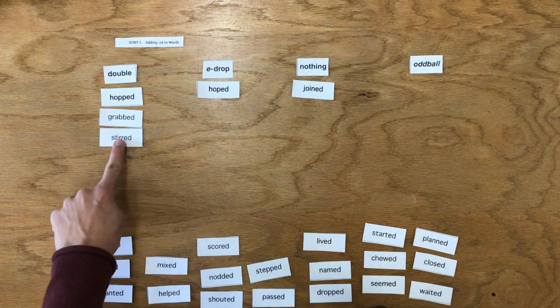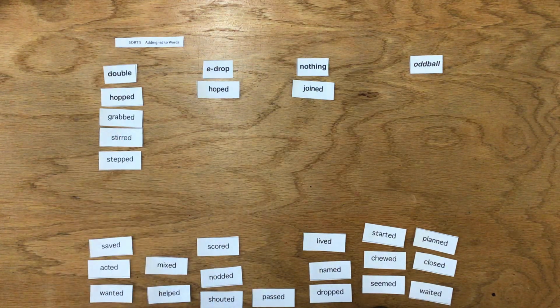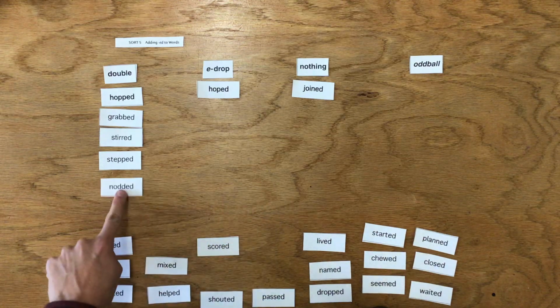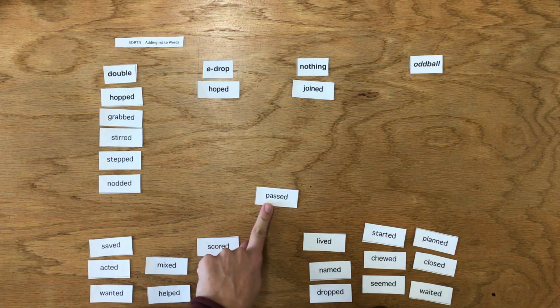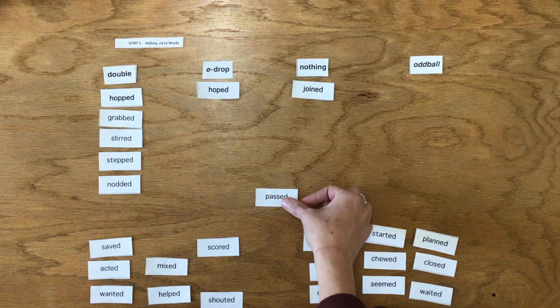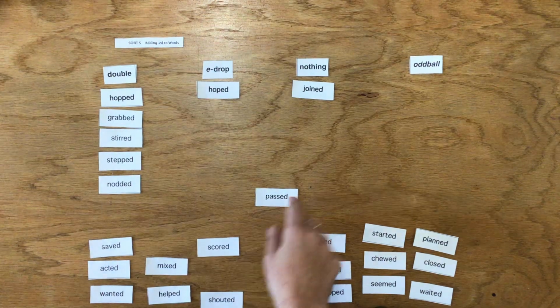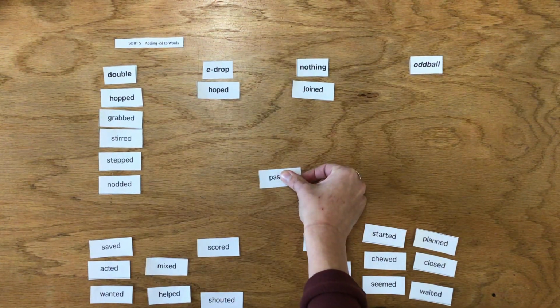Let's look for other doubles. Stirred, stepped, nodded, passed. Ooh, let's look at this. So in order to add an ed, it looks like it's a double. So we can get rid of one of the s's, P-A-S.